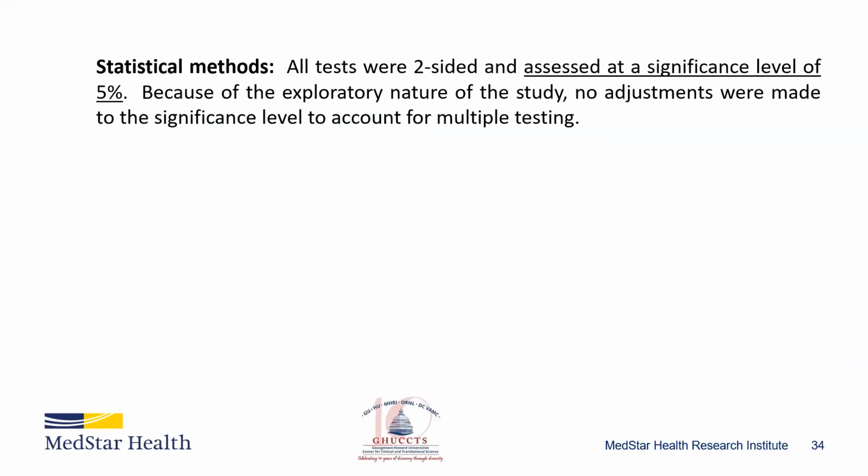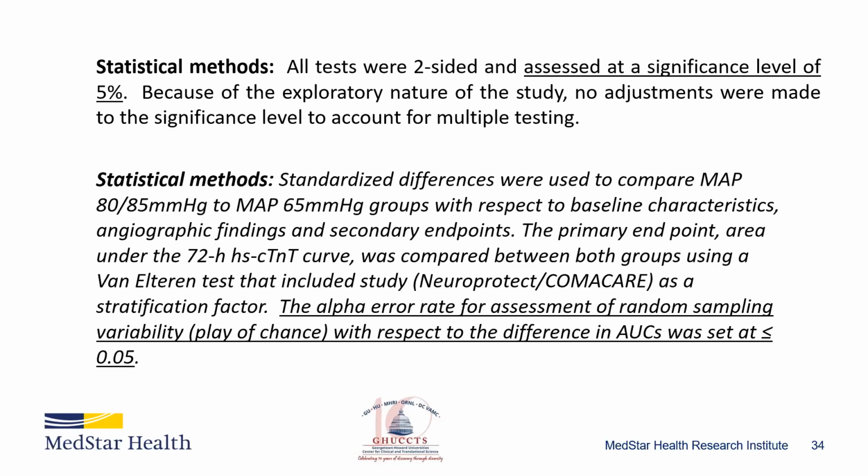Okay, so I have some slides here on the statistical methods that appear in the article, and how I might rewrite that to be more in line with what the American Statistical Association is saying.